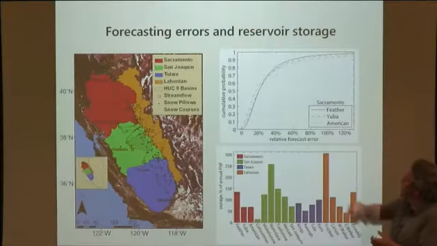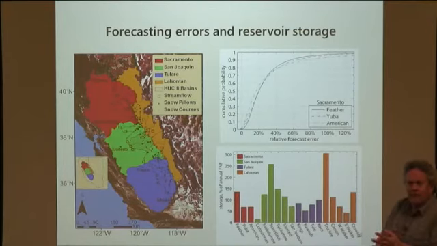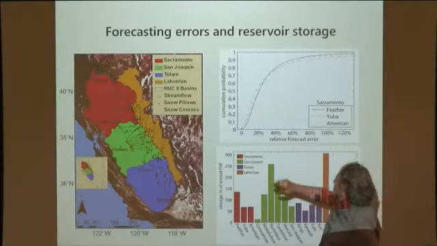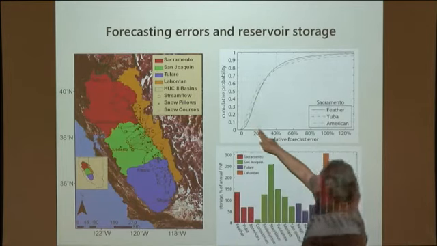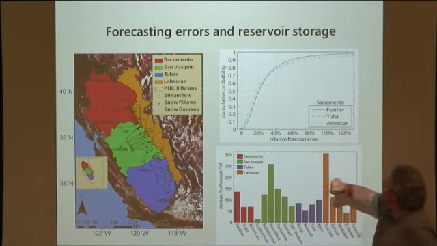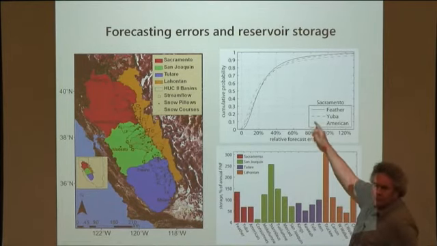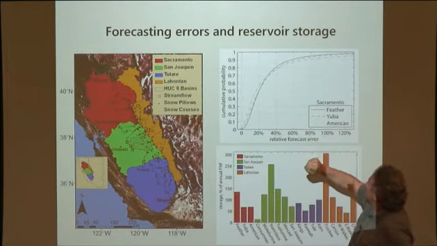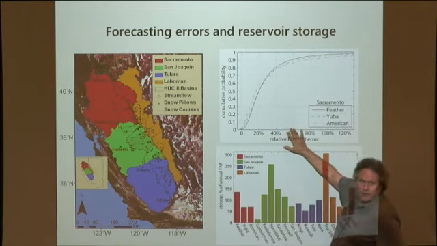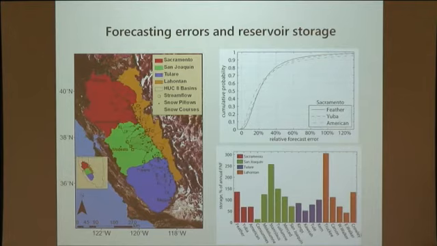And what this graph here shows is that relative forecast error is pretty high. That is, if you look at the median error, the median error is about 20% or so. And if you go out to the sort of rarer events, say if you go up to the 90 percentile on the cumulative probability distribution, that error is nearly 60%. So what that says is, in 1 year in 10, that forecast error is going to be substantial.